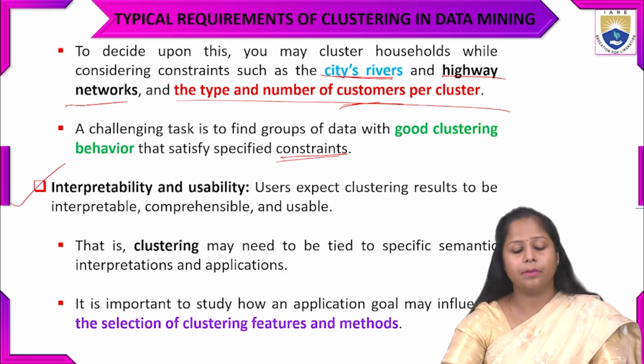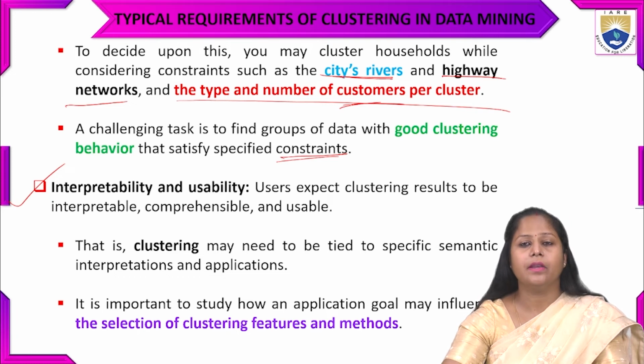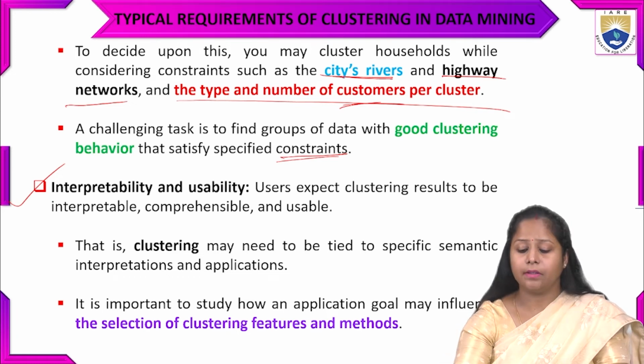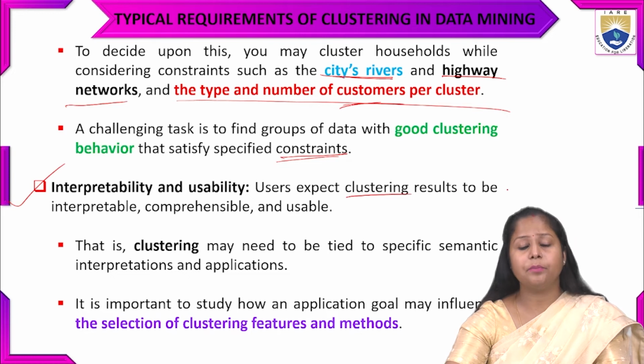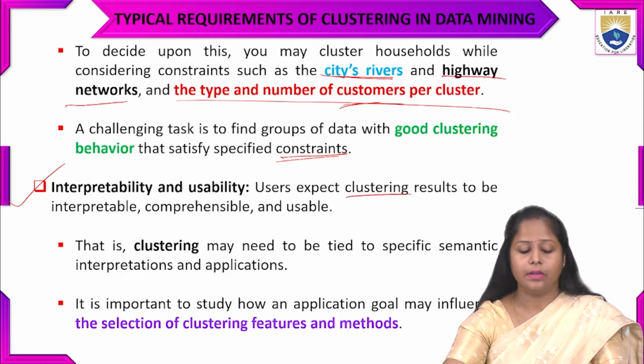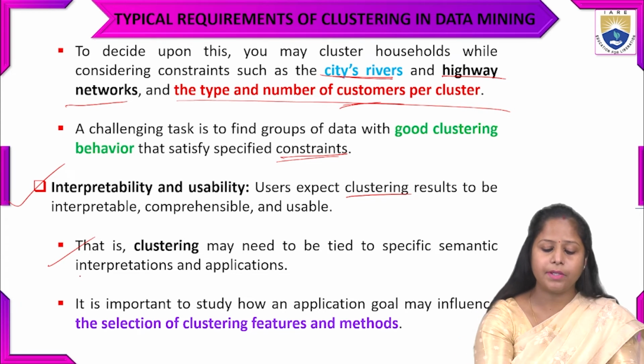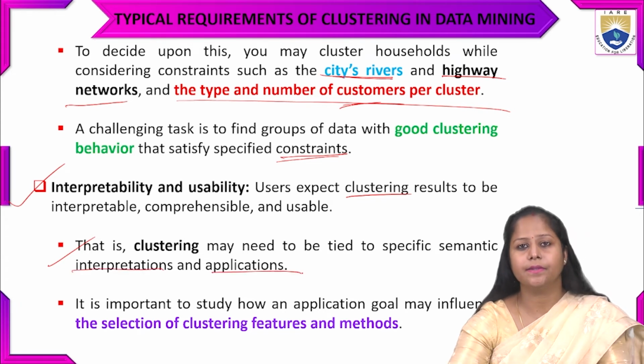Next is interpretability and usability. Users expect clustering results to be interpretable, comprehensible, and usable. That is, clustering may need to be tied to a specific semantic interpretation and applications.